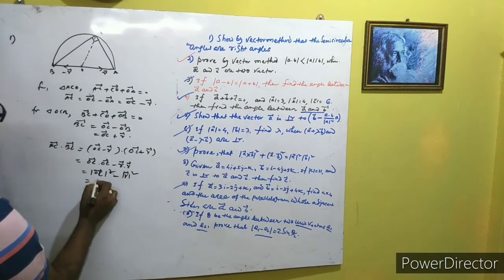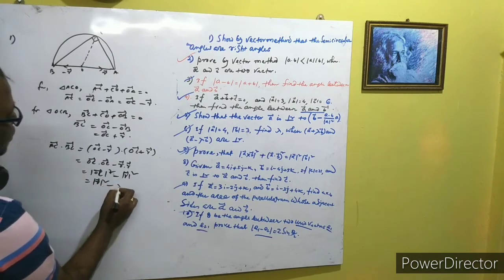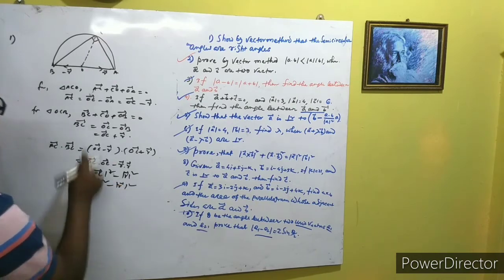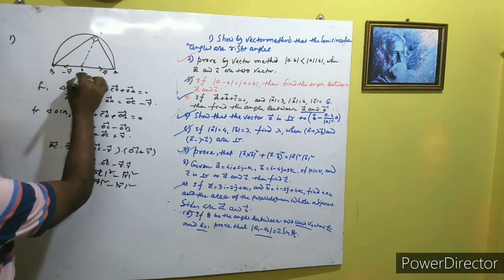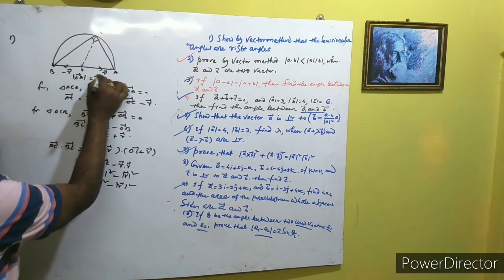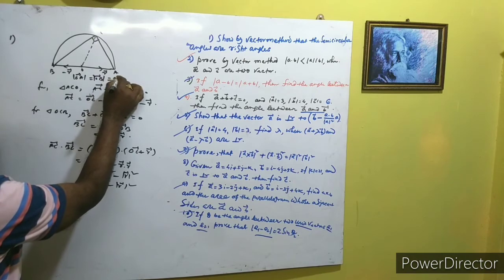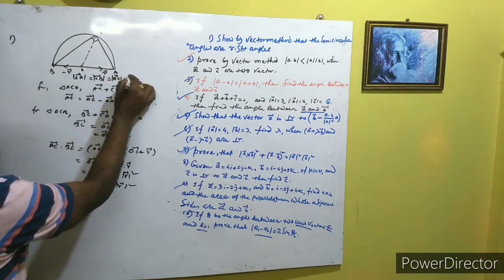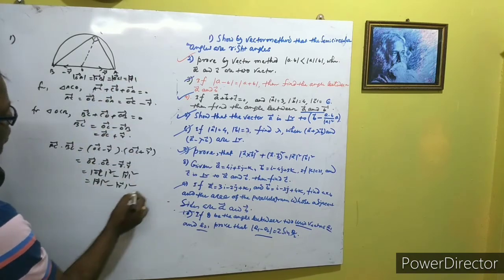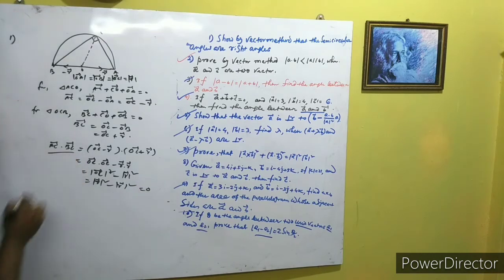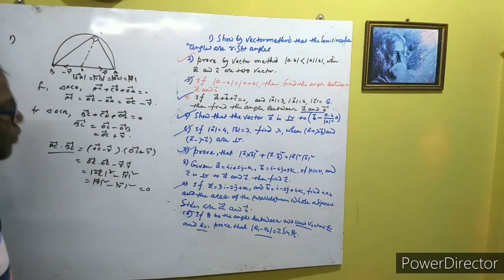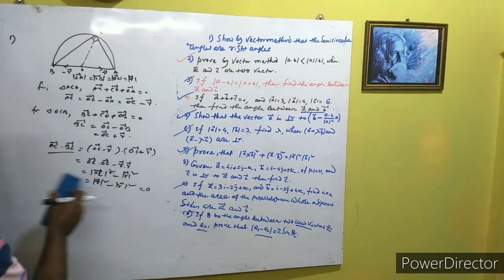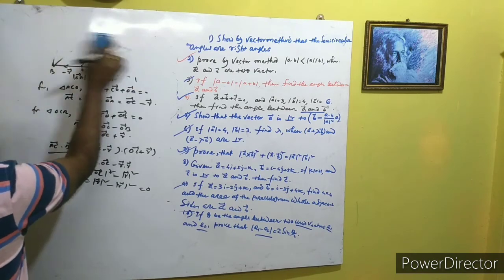Mod of OC is also the magnitude of R. The lengths OA, OB and OC are the same in magnitude. So this is 0. As the dot product of AC and BC is 0, we can say that the angle between AC and BC is 90 degrees. So it's proved here.